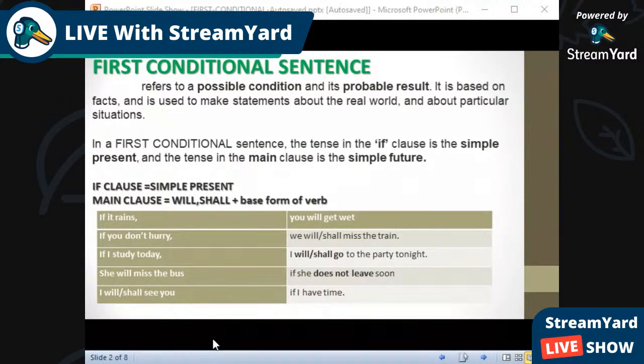There is a probable result for this kind of conditional. So more or less this will happen. There is a big possibility to happen.